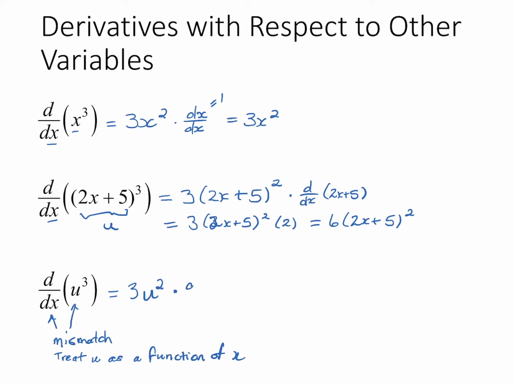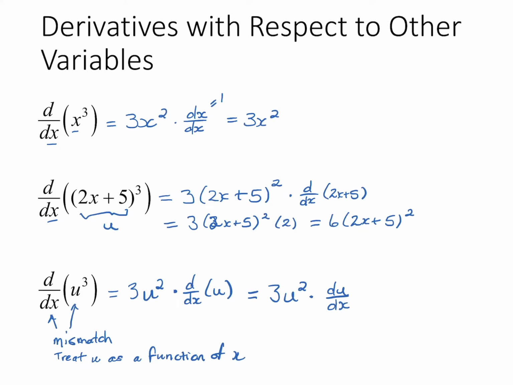And then we're going to take the derivative of that inner function. But in this case, it's u. We don't know how it's defined in terms of x, but we're treating it as a function of x. So what we end up with is 3u squared times the derivative of u with respect to x. We don't know what that is, so we leave it as du/dx.